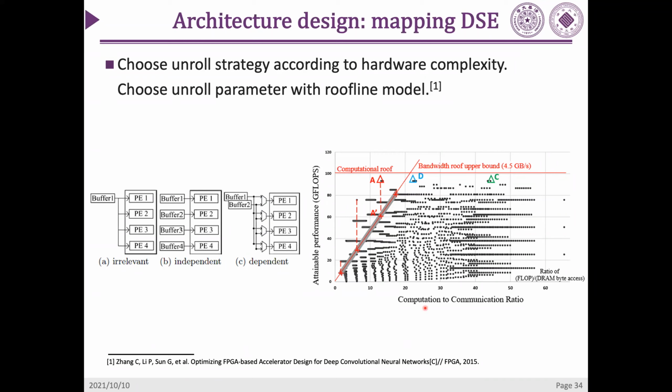The loop unrolling strategy should be determined according to the hardware complexity, and the unrolling parameters can be analyzed and designed using the roofline model. Here is the computational roof, and here is the bandwidth roof. This is the roofline model, which is a very important model when you design your architecture.